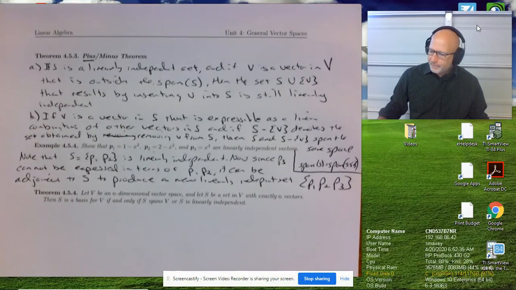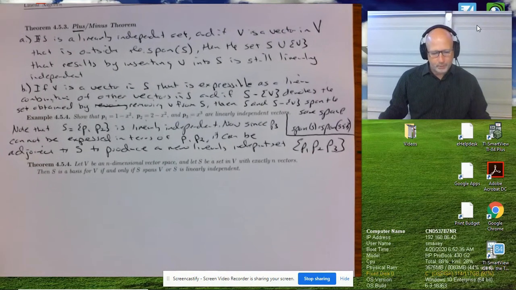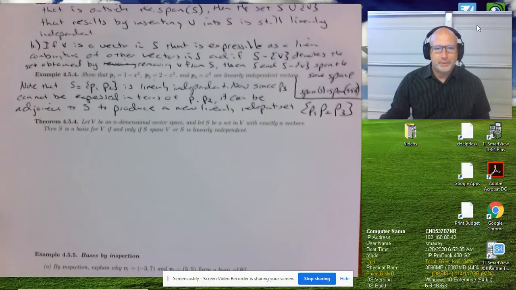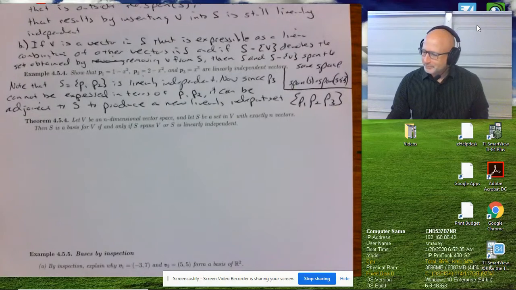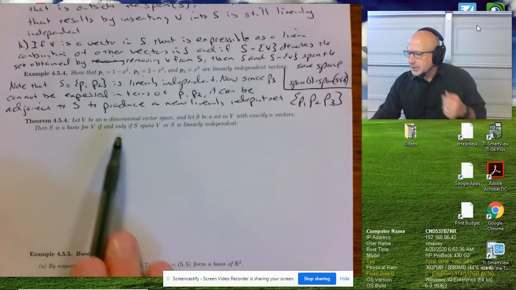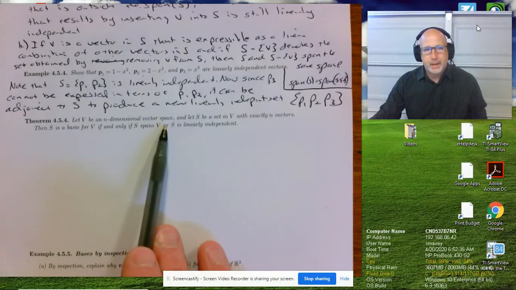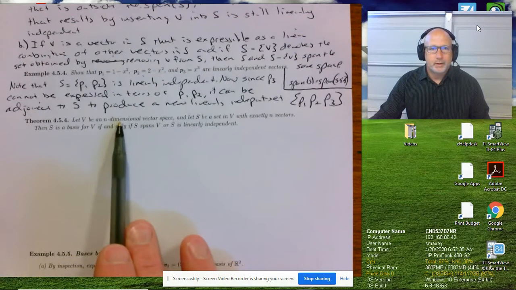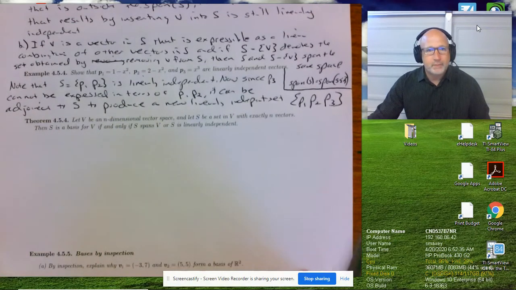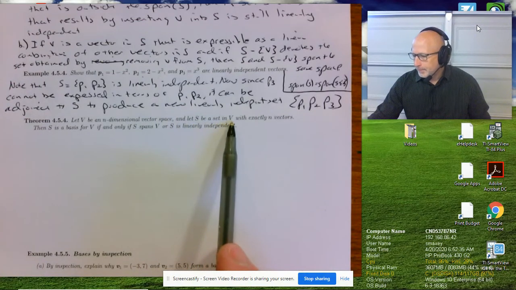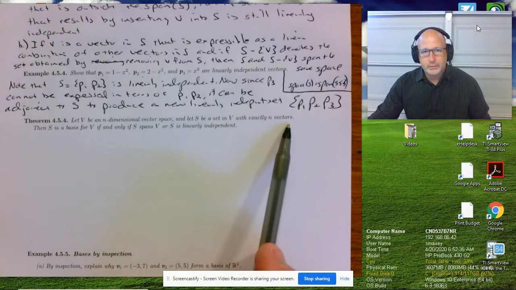Okay, theorem 4.5.4. There's a lot of writing here, so make sure you guys are writing small. Sorry about that. Okay, so let V be an n-dimensional vector space. So you know automatically the dimension of it is going to be n. Therefore you're going to have n vectors in it. And let S be a set in V with exactly n vectors.